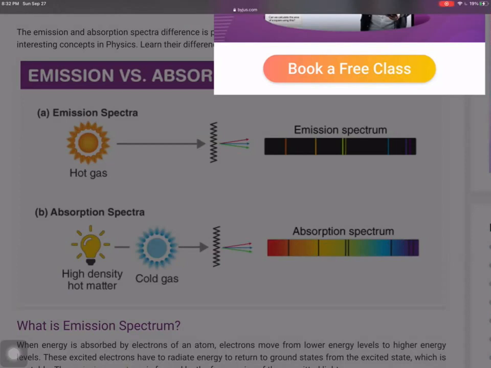So the lines correspond to each other. This is exactly the relationship between the emission spectrum and the absorption spectrum of the same substance. And later we are going to further explain why they have a complementary relationship, right?